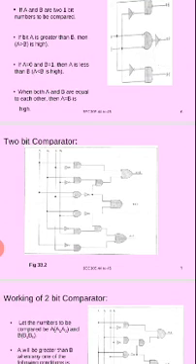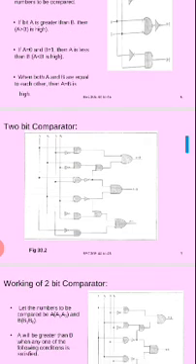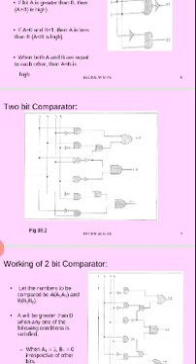That is, here in one bit comparator, the known bit is B, the unknown bit is A. Hence, we are comparing A greater than B, A equal to B, A less than B. We are comparing unknown bit A with known bit B. Hence it is called one bit comparator.